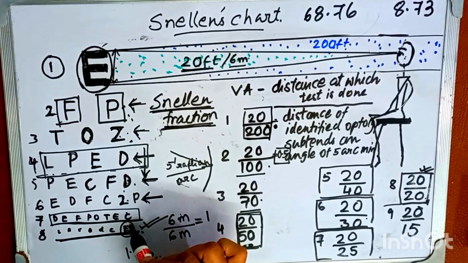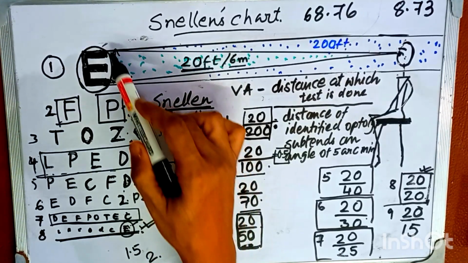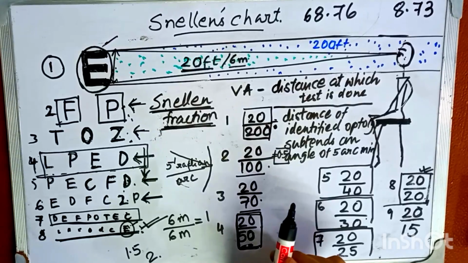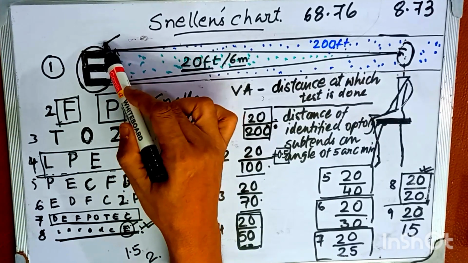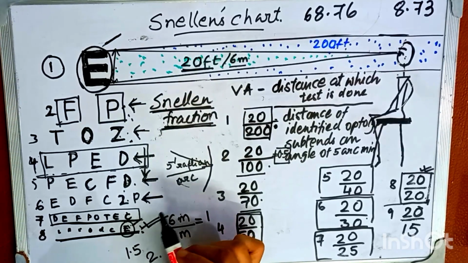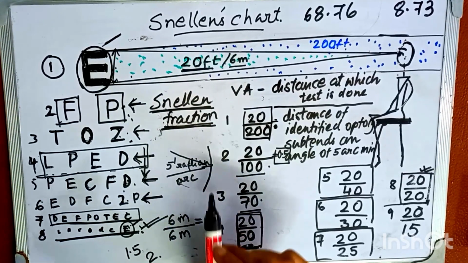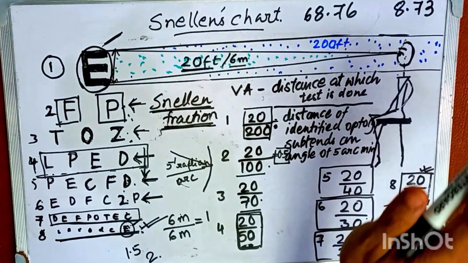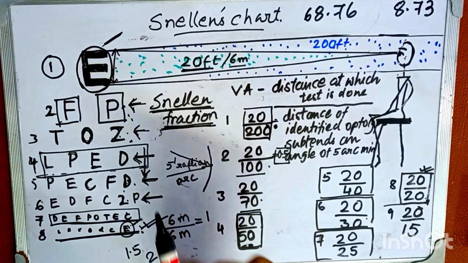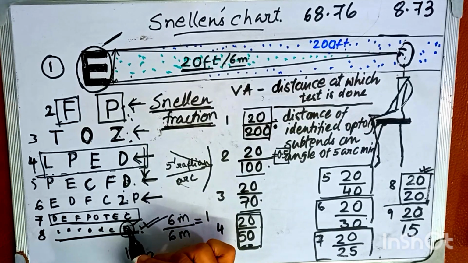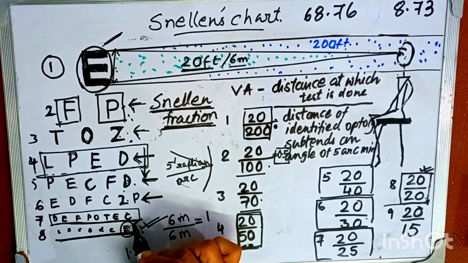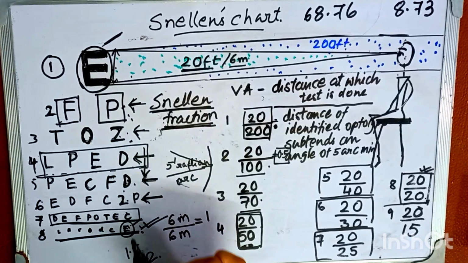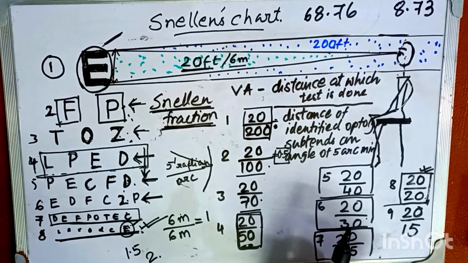So both these letters have to subtend an angle of 5-minute arc. Here the subject can sit at 200 feet away, still the angle is a 5-minute arc. Here the subject is sitting at 20 feet away, and here also the angle in the retina is 5-minute arc.